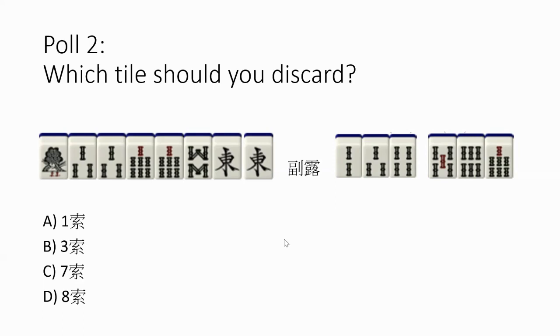So I will give you maybe 30 seconds to think over a little bit. Again, don't worry about voting for the wrong answer, because even though tile efficiency is one of the theories to help you determine which tile should be discarded optimally, when you really try to play a real game, there is really no right or wrong answer.